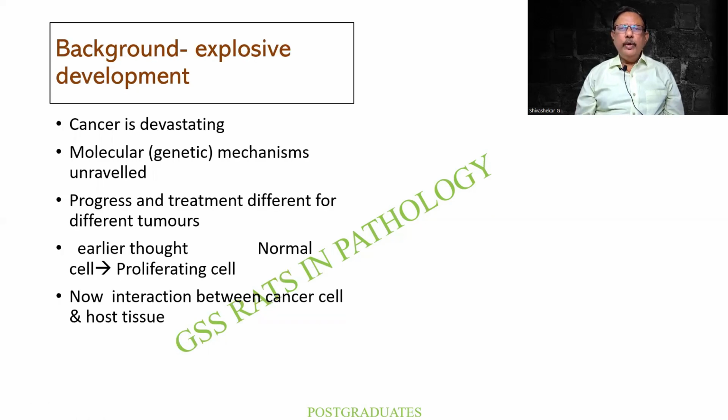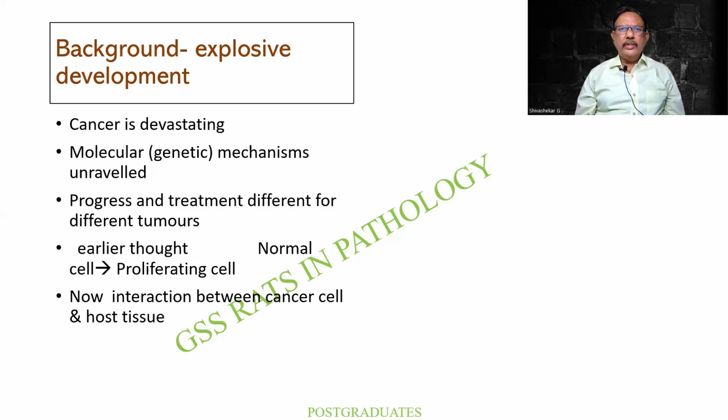There have been explosive developments in the field of cancer. We all know that cancer is devastating, and now more and more molecular, genetic mechanisms are being unravelled. In fact, if you go into the literature, you find that each one of them is a chapter or a volume in itself.